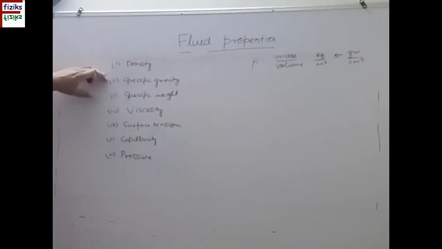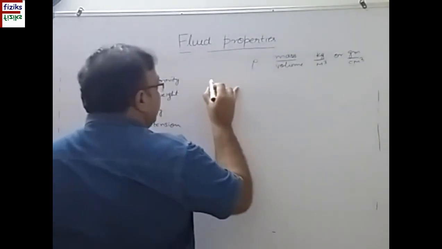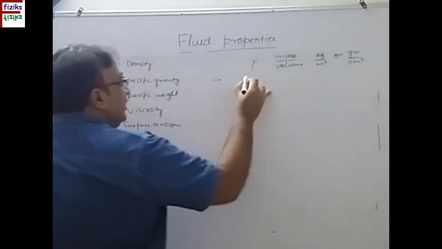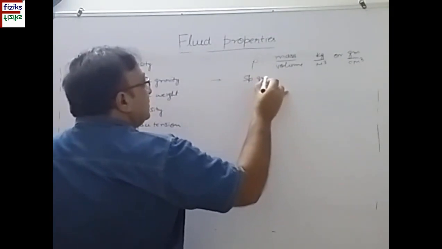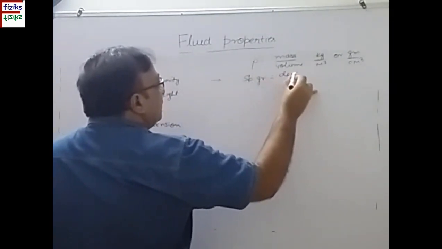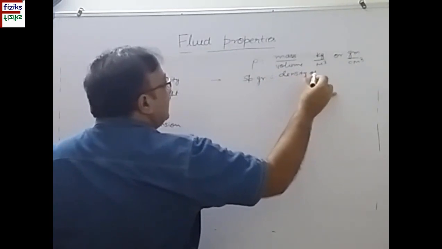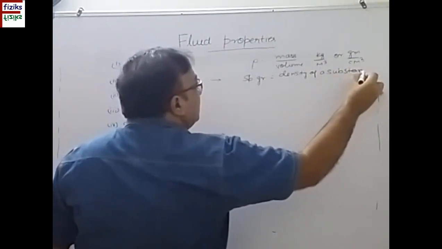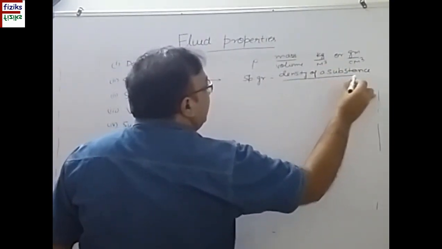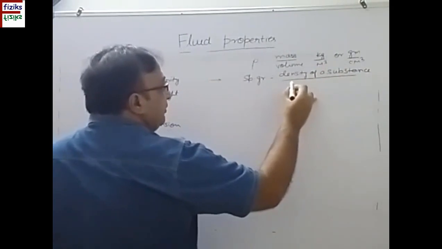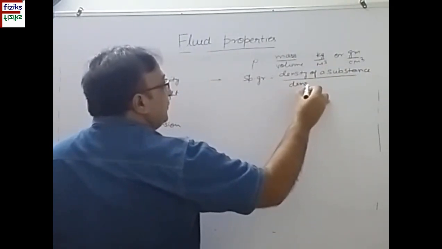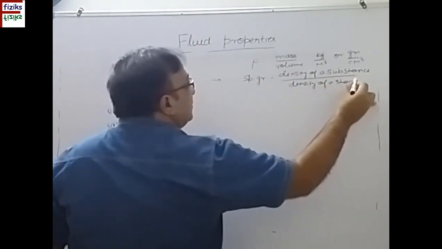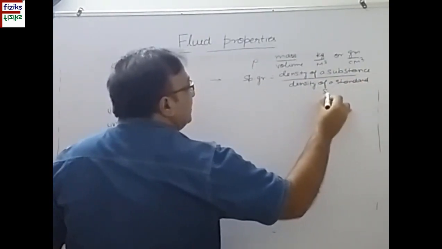Then we have the specific gravity. Specific gravity is another important term, and this is defined as density of a fluid or a substance, which includes all solid, liquid and gas, divided by density of a standard substance.